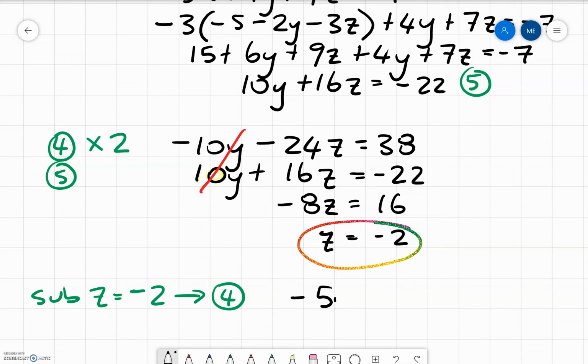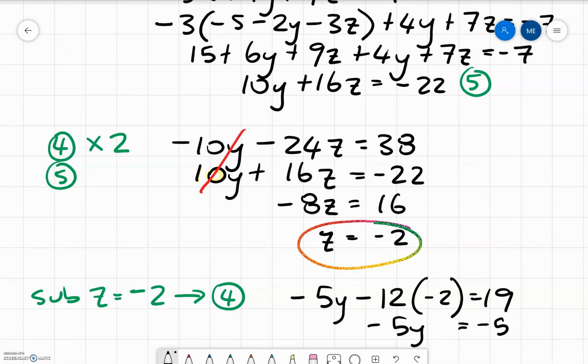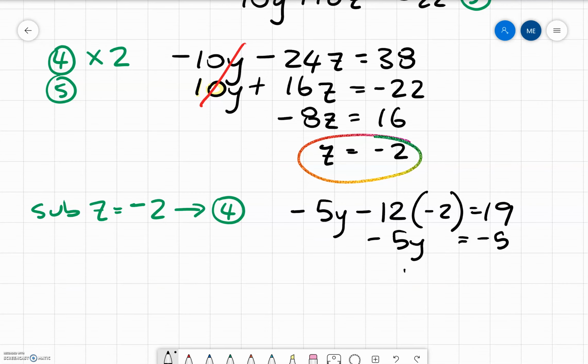So negative 5y minus 12 lots of negative 2 equals 19. Therefore negative 5y equals negative 5, and y equals 1. So this becomes my second solution.